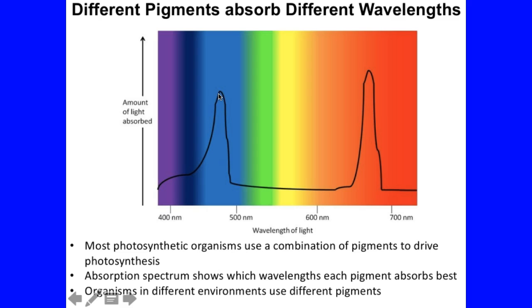It can absorb at the blues and at this orangish red color, but it cannot absorb at this green yellowish color, which is why we see plants as green. Most plants use a combination of different pigments because they want to absorb as much light as they can, not just blue and red, but a variety of colors, because the more energy they absorb, the more photosynthesis they can undergo.